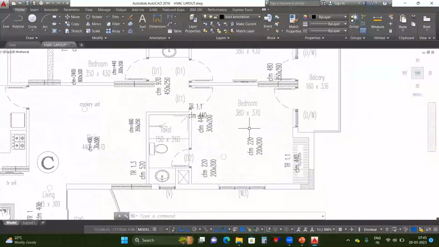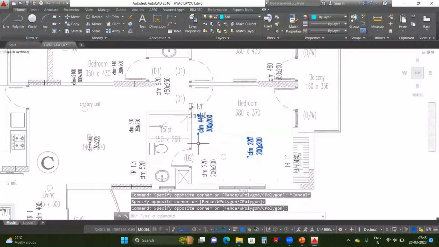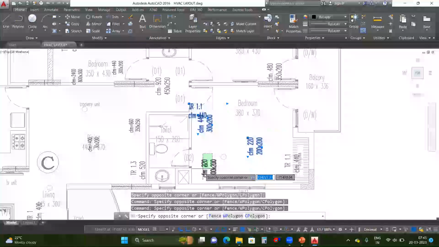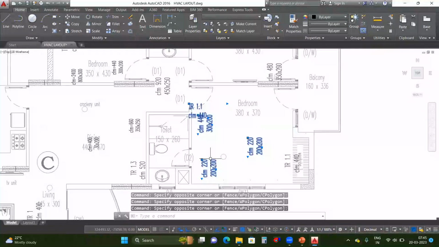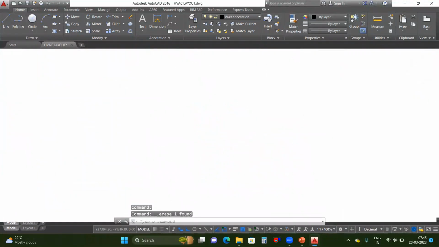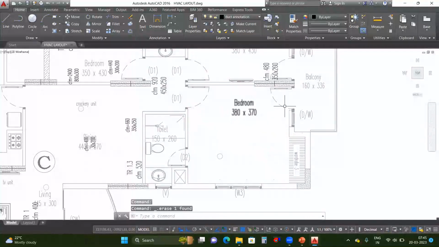Okay, so if you see, this is one bedroom.